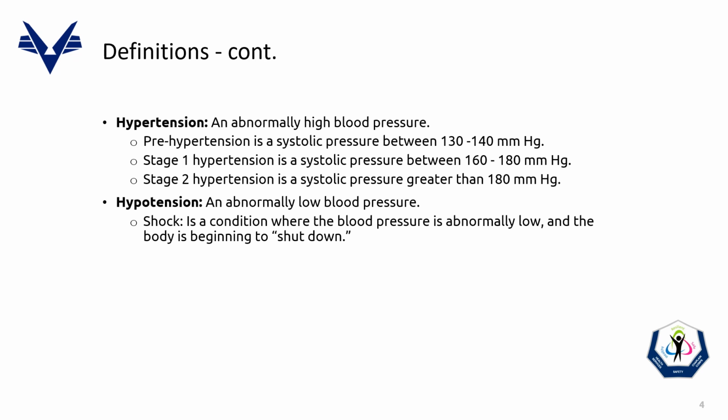Stage 2 hypertension is a systolic pressure greater than 180 millimeters of mercury. Sustained hypertension with systolic pressures exceeding 140 millimeters of mercury for long periods of time can cause damage to blood vessels through shear forces on the walls of the vessels.